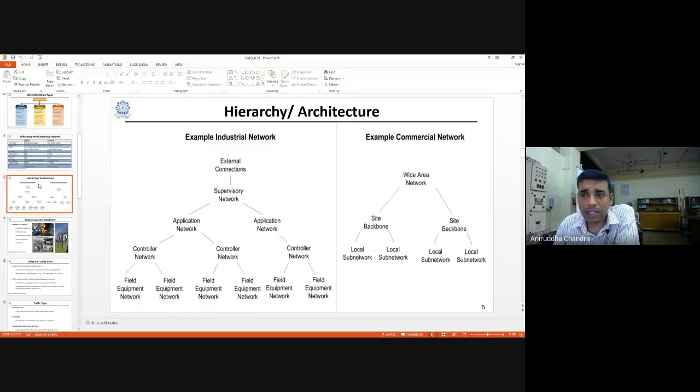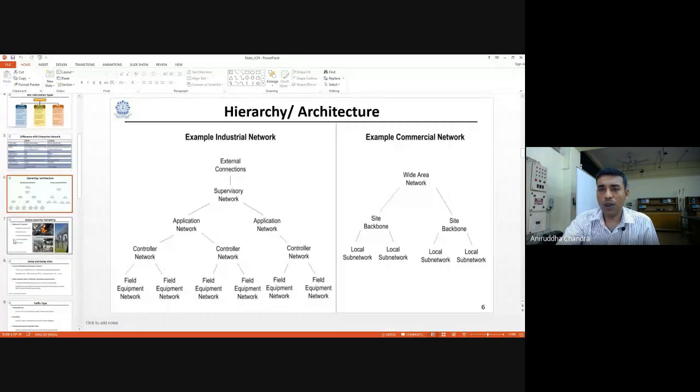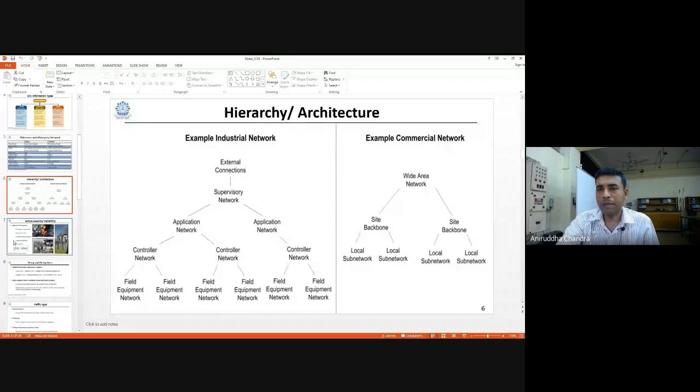Then above that there is a control network, then an application network, a supervisory network, and external connection. So there is a lot of such things. But this hierarchy is not clear right now from this abstract figure, I understand. It will be clearer when we discuss some specific examples. I will keep this issue for the rest.